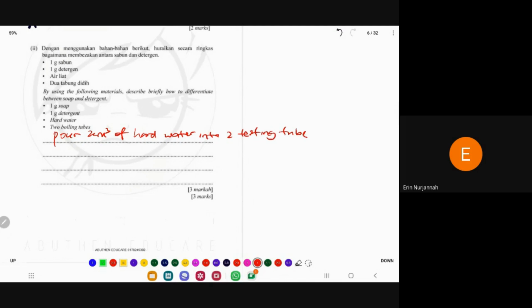If you are talking about an experiment which is very small, for example, if they ask you to describe the experiment of brown ring, you do the same, pour 2 cm cube. If the experiment is very big, like producing soap, then you use 50 cm cube of 0.5. If it's concentrated, 50 cm cube, 5 molarity.